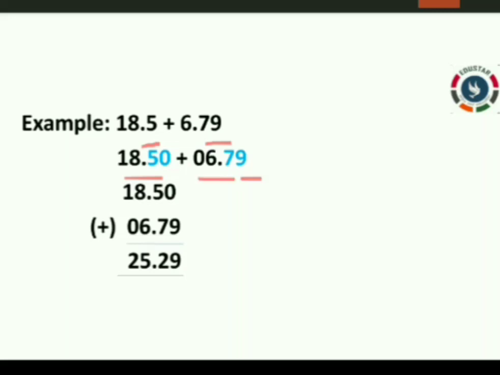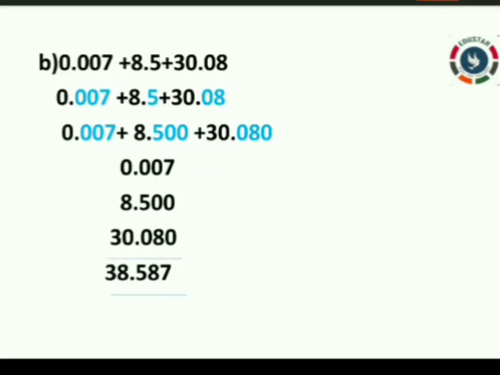Then you have to line up the decimals. First write the 10s place, 1s place, then keep the decimal point, then write the 10th place and 100th place. Now you can add these two decimals. You will get the answer as 25.29.